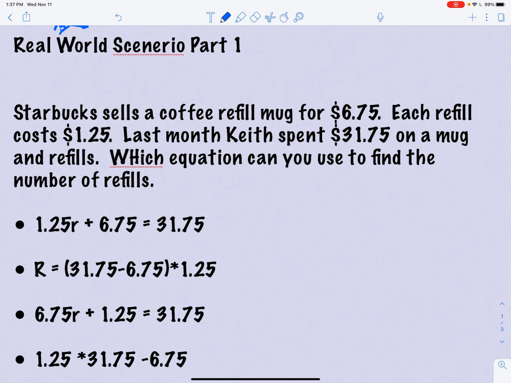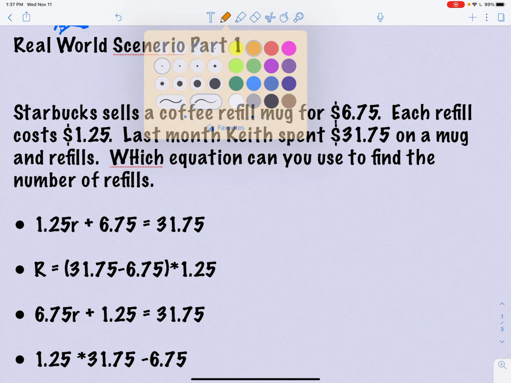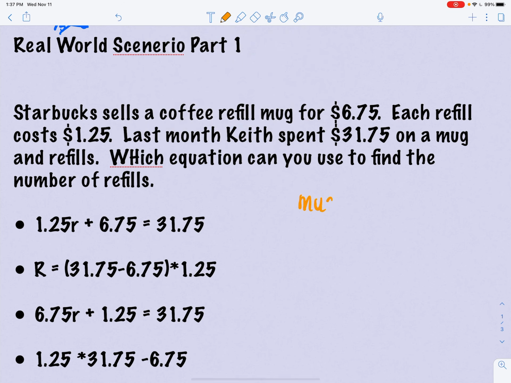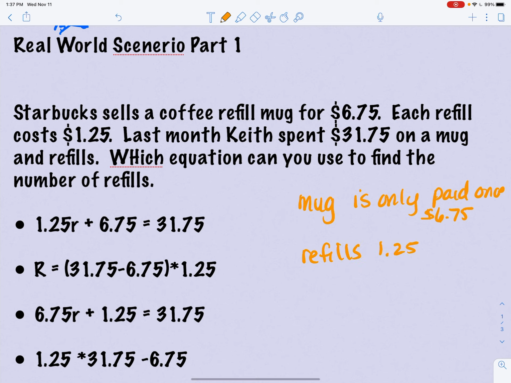So let's think about a few things first. First, the mug is only paid once at $6.75. The refills are $1.25 for number of times. So we'll say the number of times equals n, okay?